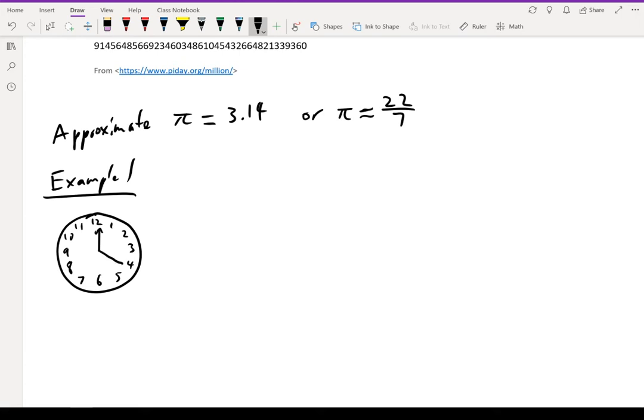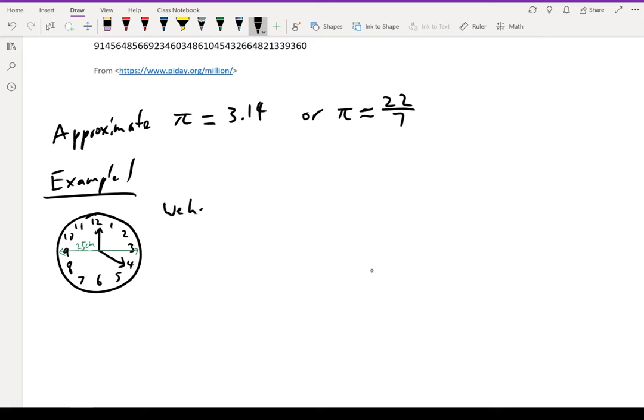Let's say it's 12, 20, something like that. And so this clock has a diameter from here to here of 25 centimeters. Yeah, that's right. 25 centimeters.